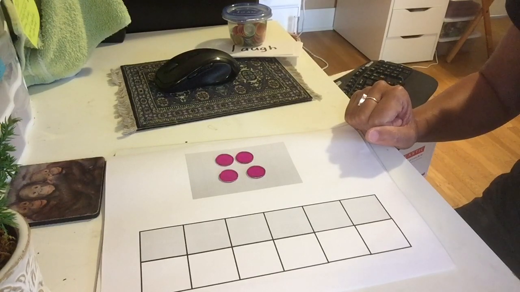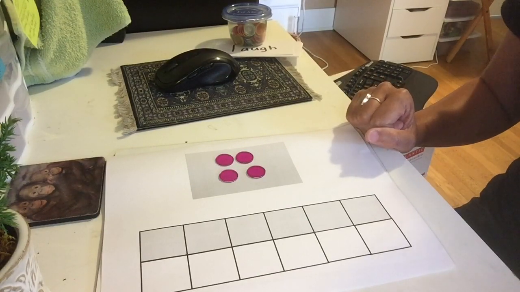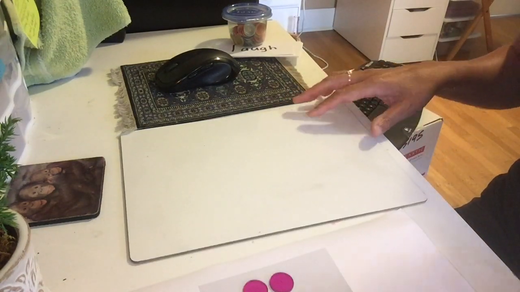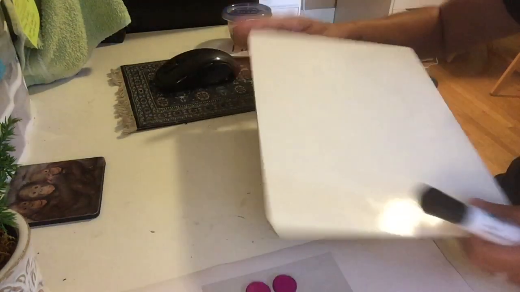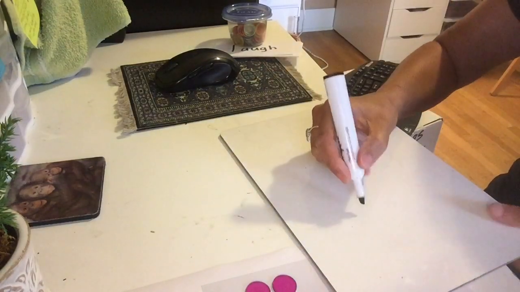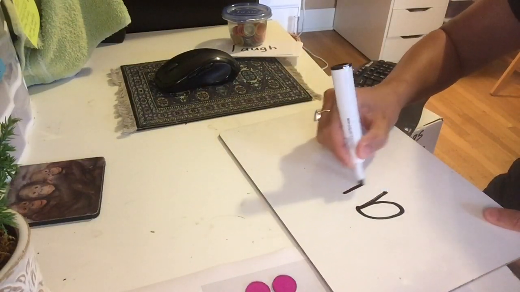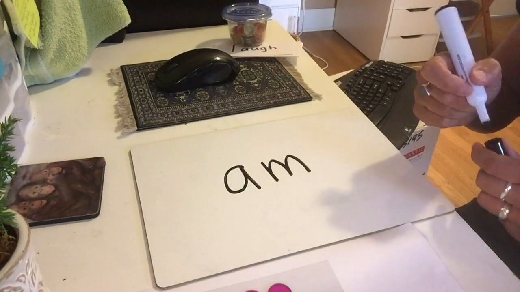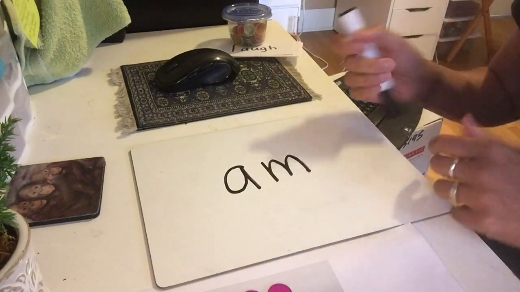After tapping it out, I would write the word on a whiteboard. So I will write the word am. And then I would slide my finger across as I say the sounds.